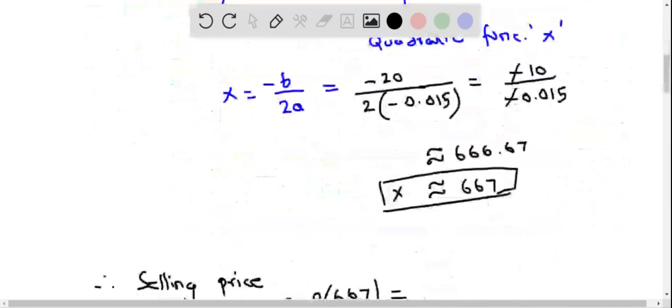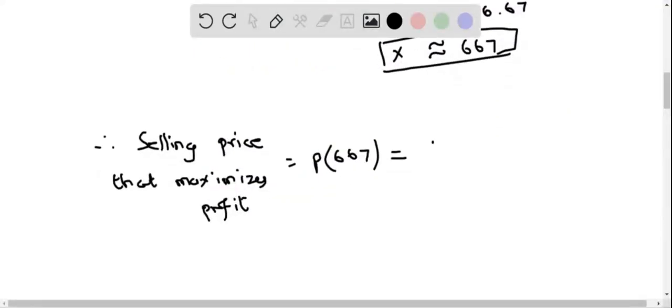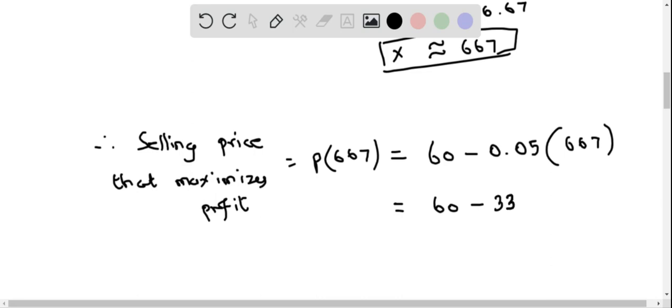It is 60 minus 0.05x. So it becomes 60 minus 0.05 times 667, and 0.05 times 667 equals 33.5, so it is approximately 33.